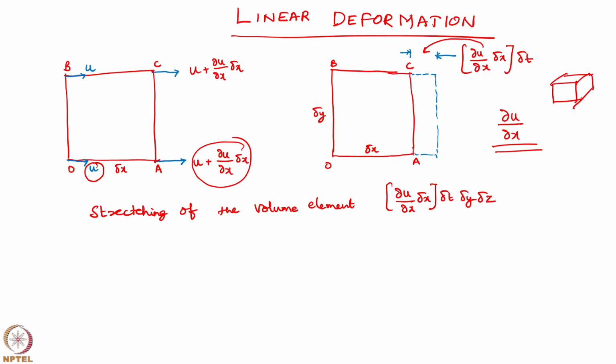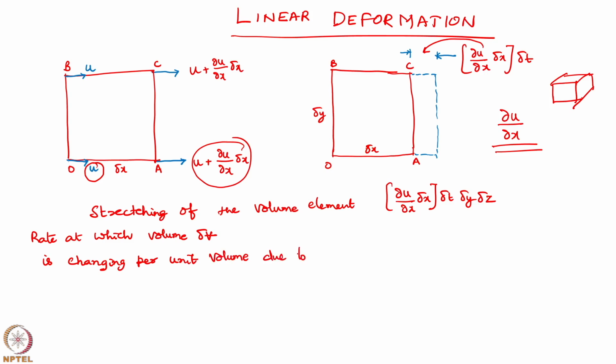Now, what will be the rate at which the volume delta v is changing per unit volume due to the gradient? It is understood that it is because of the gradient.